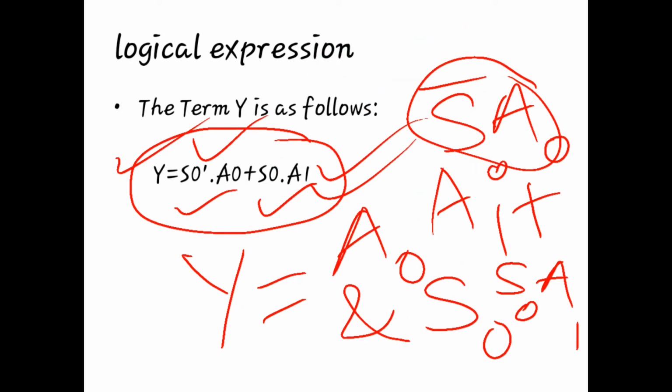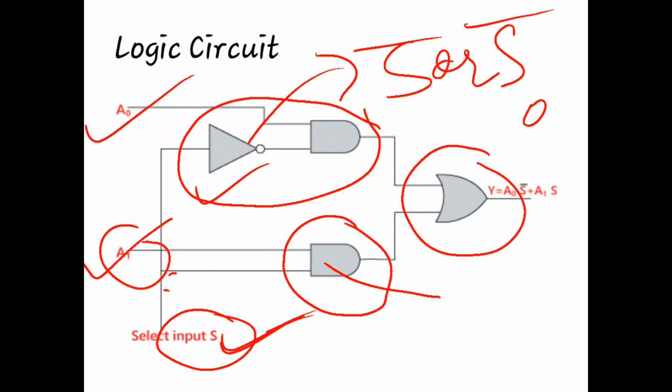And this is the Boolean expression, the logical expression. Then this logical expression can be designed in the form of a logic circuit here, which shows the complete utilization of AND, NOT and OR gates.